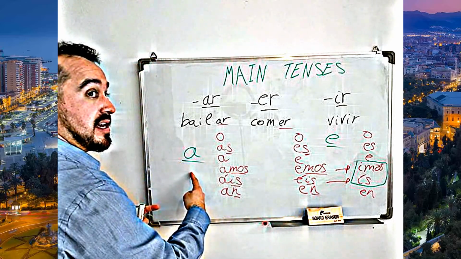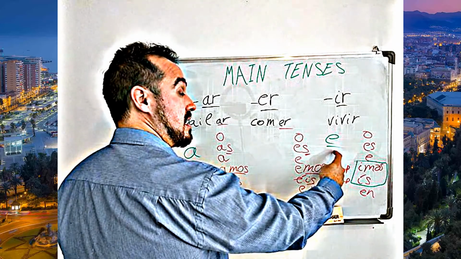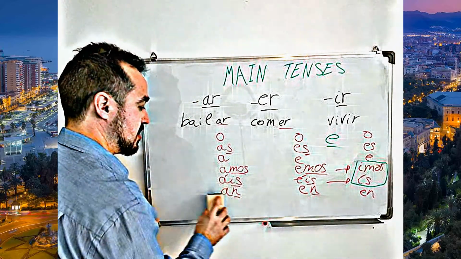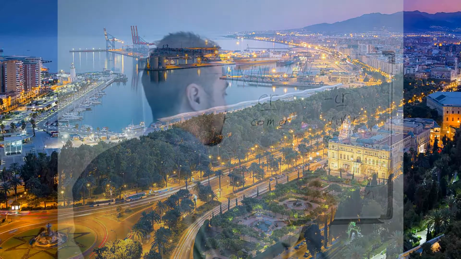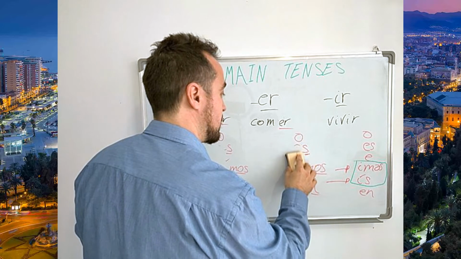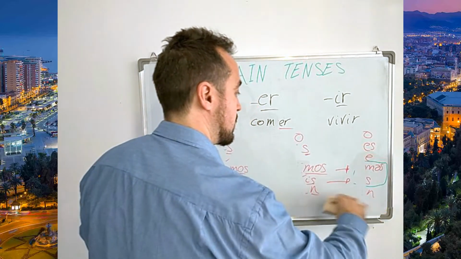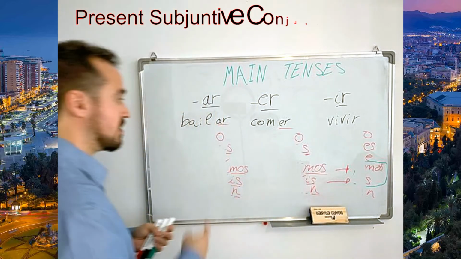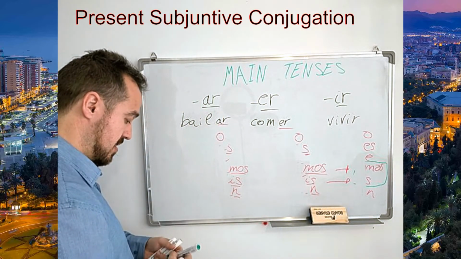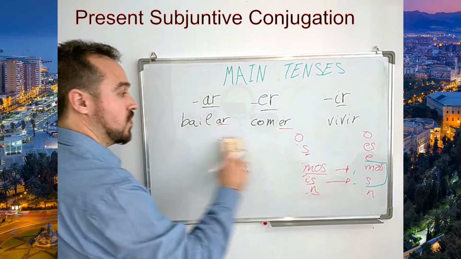So when you have an A, you're gonna have an E, and when you have the E, you're gonna have an A. So it's gonna be the other way around. Just gonna leave this. So bailo becomes baile.